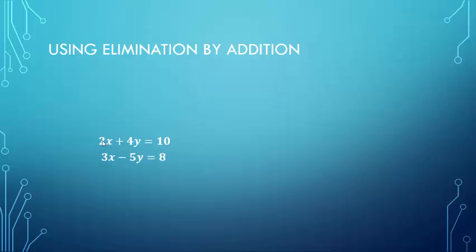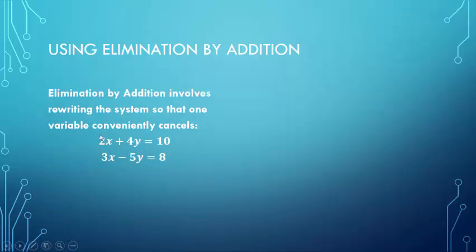Now, I might not do that if it's not convenient, but they are the exact same equations. What we want to do here is rewrite this system. So rewrite these two equations. I might only need to rewrite one equation, but I rewrite this set of equations so that if I were to add the equations together, one variable would completely cancel.